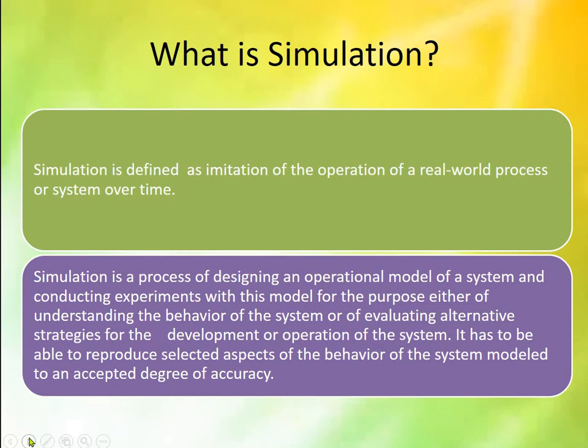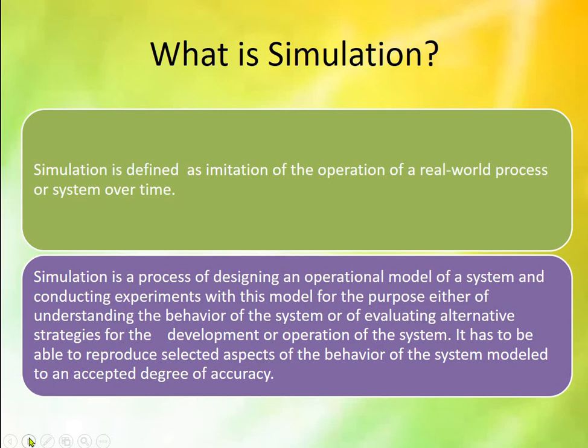Now a more detailed definition of simulation is, it is a process of designing an operational model of a system and conducting experiments with this model for the purpose either of understanding the behavior of the system or evaluating alternative strategies for the development or operation of the system.